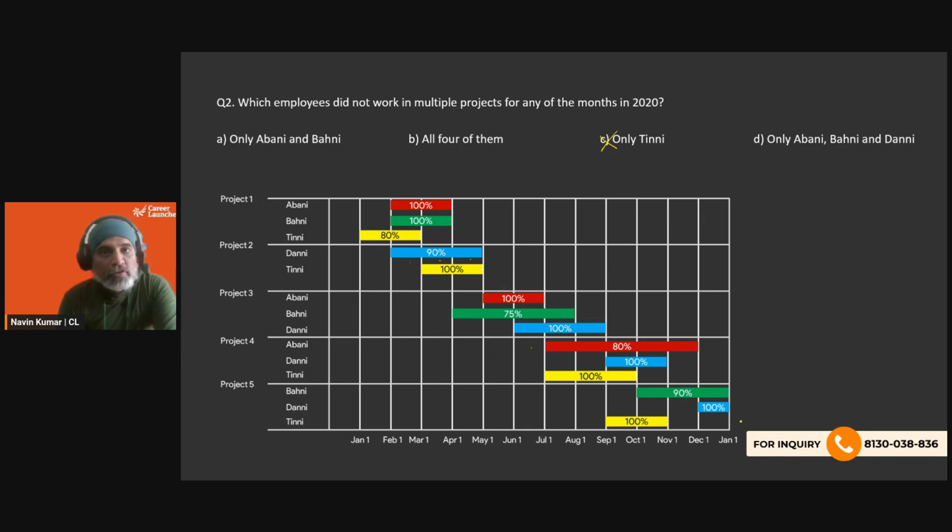So there is no overlapping for D. So D is also true. Now we have to look at T, Tini. There is no overlapping until August. In the month of September, we can see that there is an overlap. So T did work for multiple projects in September. So it's not all 4 of them. It's going to be option D.